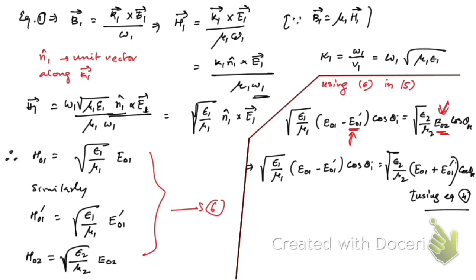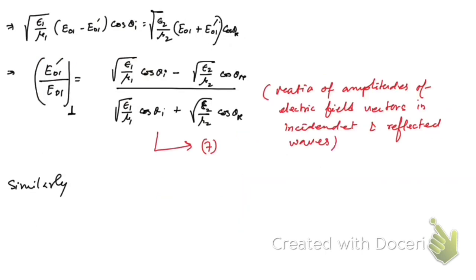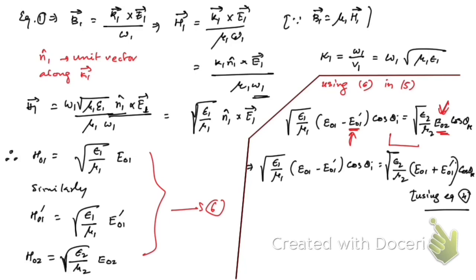Let me give this one equation number 8, and let me take this as equation number 7. Now using 1 in 7 again, let me copy this equation number 7.